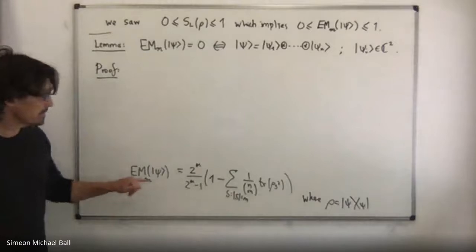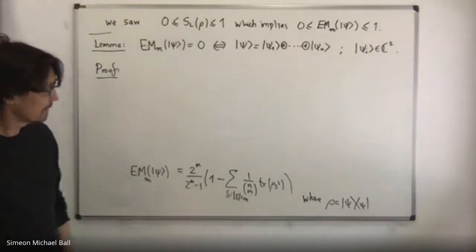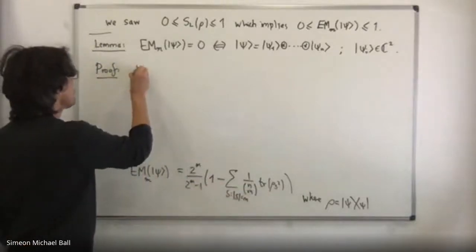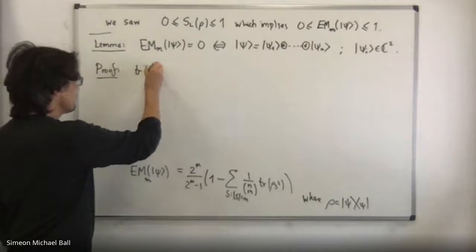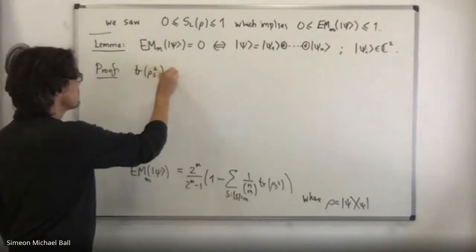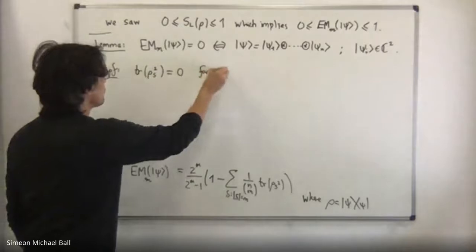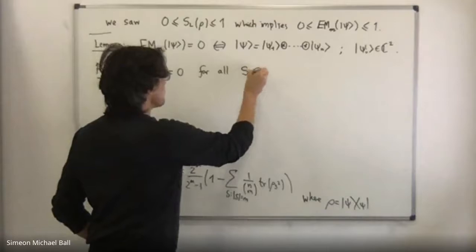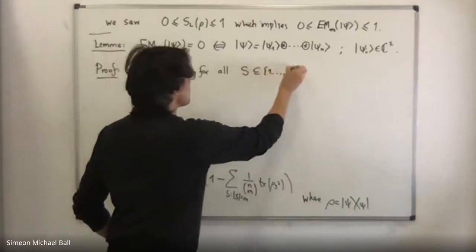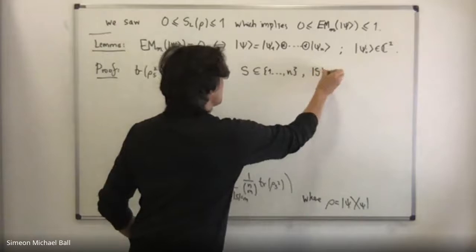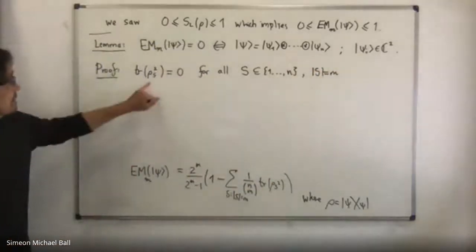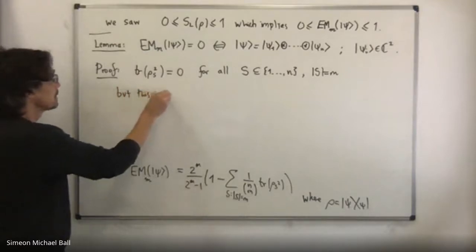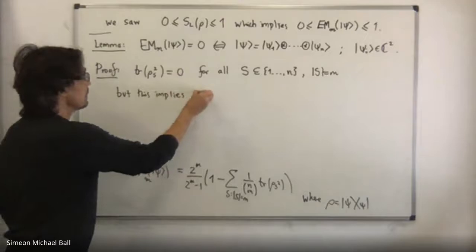Well, for the entanglement measure to be 0, we need all of these things to be 0. So trace of rho squared is equal to 0 for all S. But of course, we just saw that this implies rho S is pure.